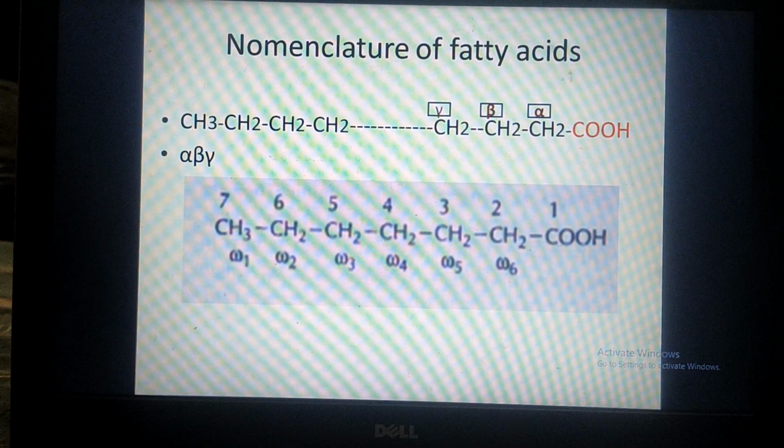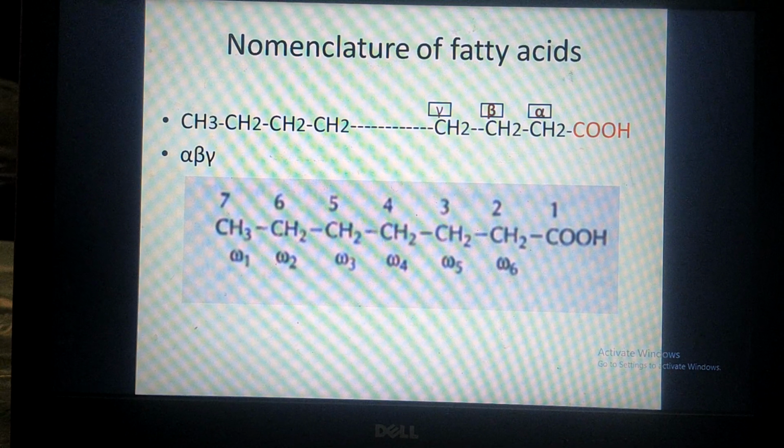Coming to the nomenclature of fatty acids. Here the carbon atoms present in the fatty acids are named in different ways. Sometimes they are named as alpha, beta, gamma, delta, epsilon carbon, starting from the carboxyl end.